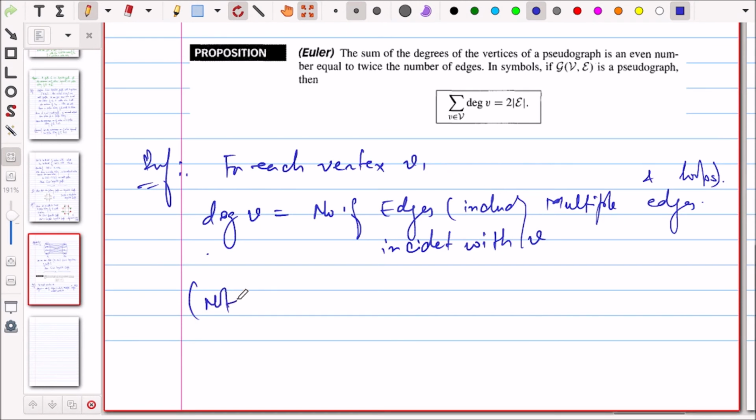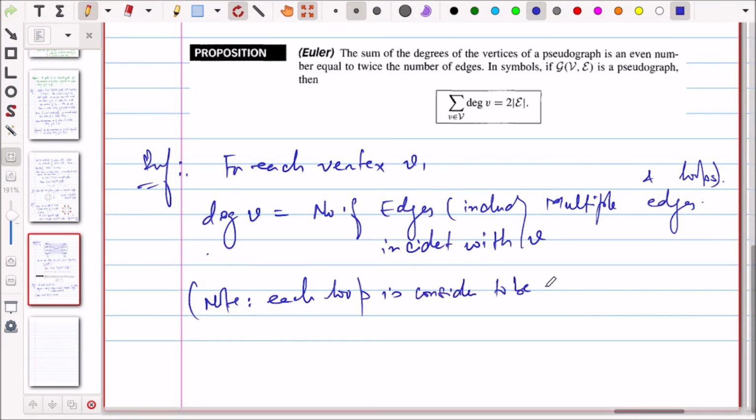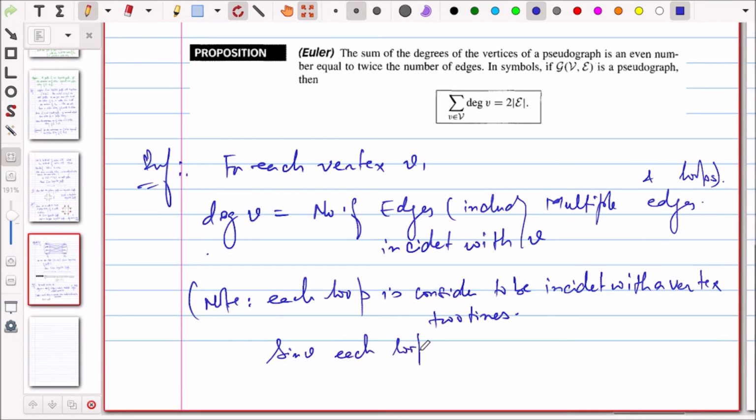Note, each loop is considered to be incident with a vertex two times, since each loop adds 2 to the degree of the vertex.